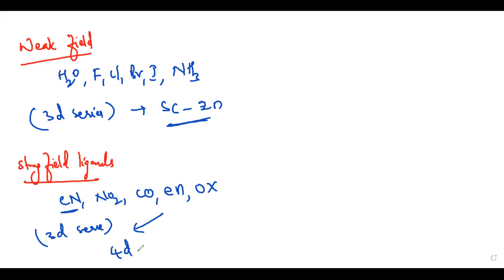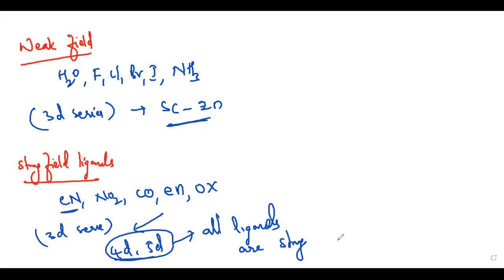But for the 4D series and 5D series, all ligands are strong field ligands. So you should remember this. You know which one is the 4D series and which one is the 5D series.